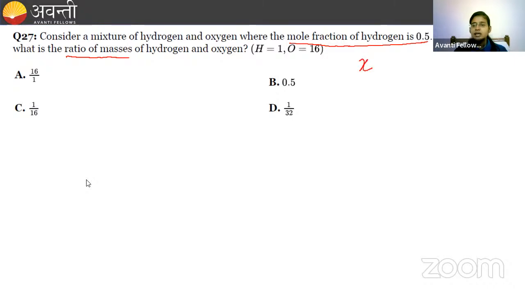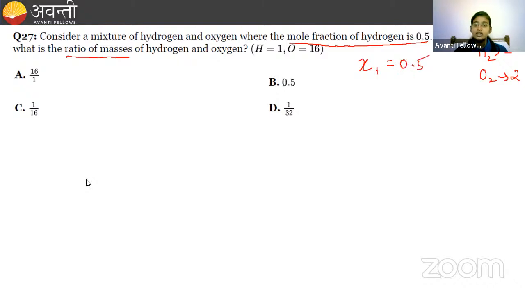So if I keep hydrogen as component 1 and oxygen as component 2, then the mole fraction of hydrogen, which is component 1, is equal to 0.5.